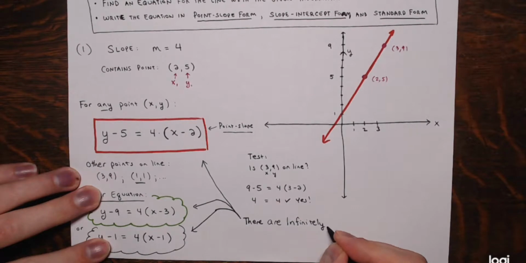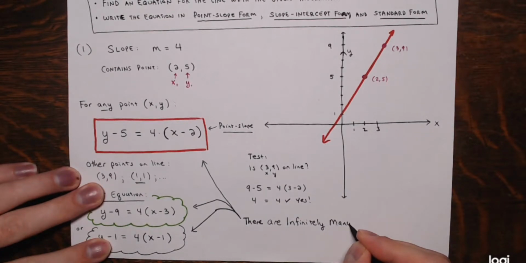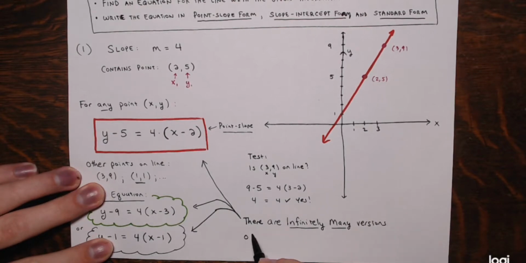So there are infinitely many versions of point slope form for a given line.